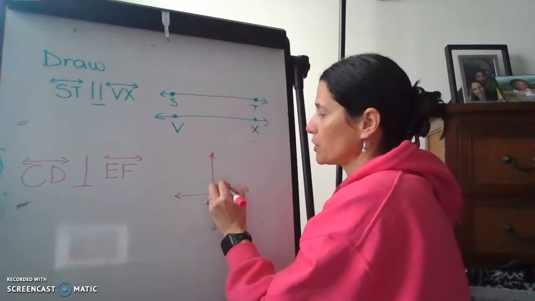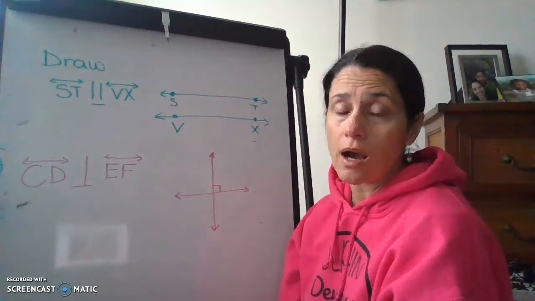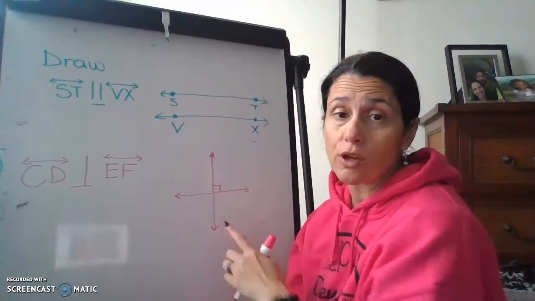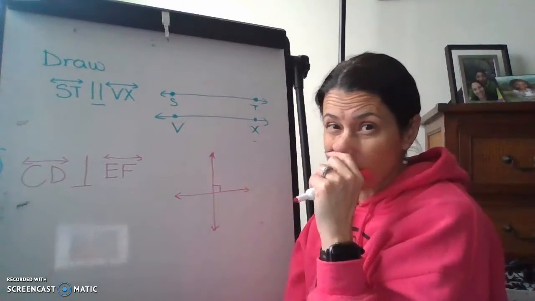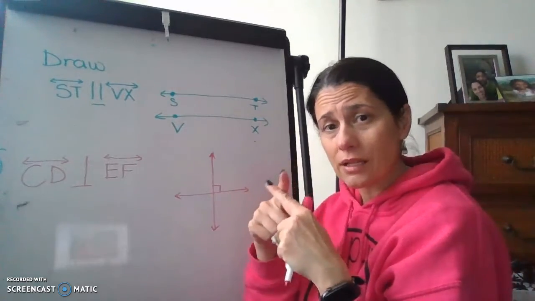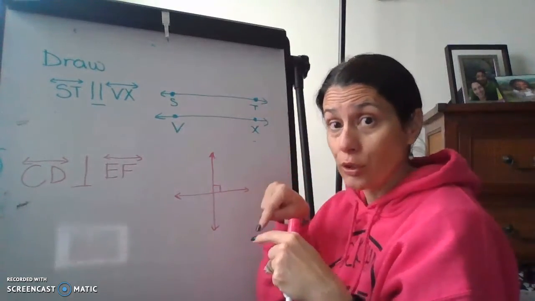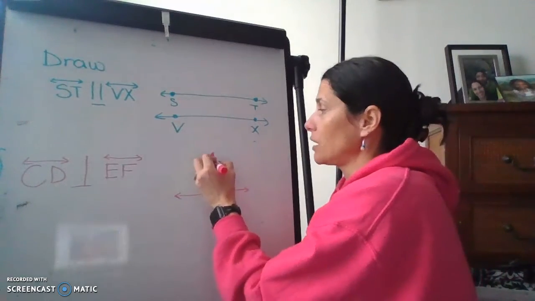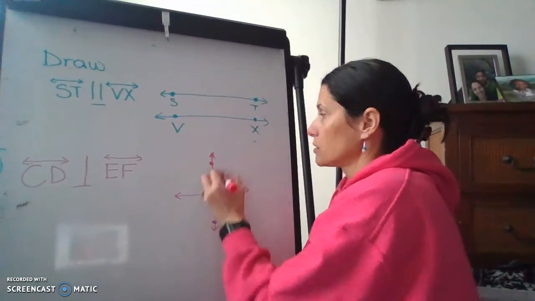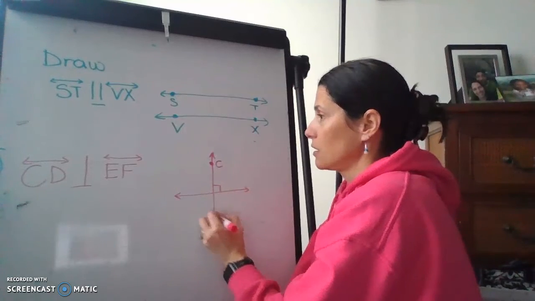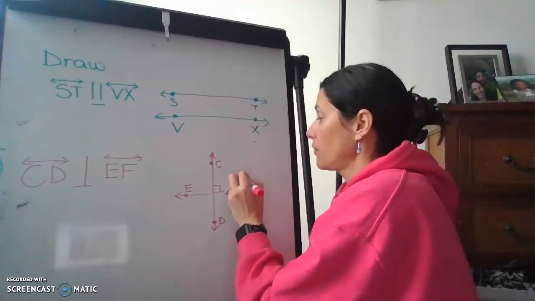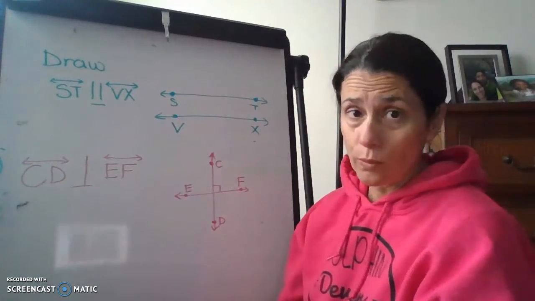And I'm always going to put this square right there, so I know that it's perpendicular. So when you draw your perpendicular, go ahead and put that square there, because sometimes it's hard to make it look exactly right, and that way I know that you know that that means that's 90 degrees. But now I've got to label. So I've got CD, E, F.